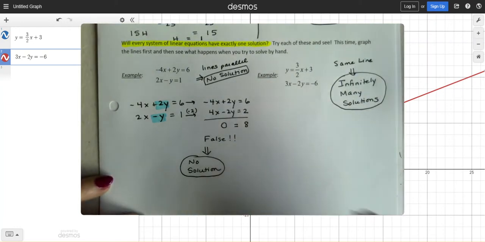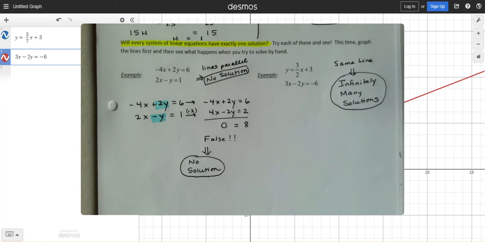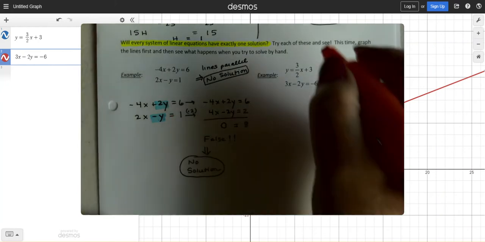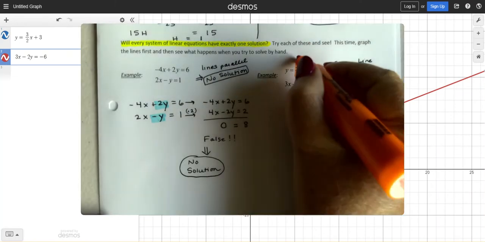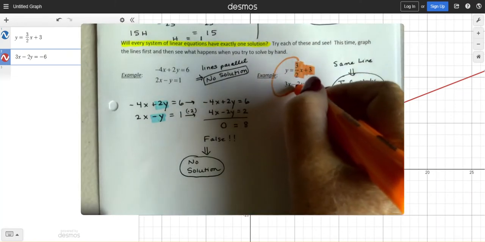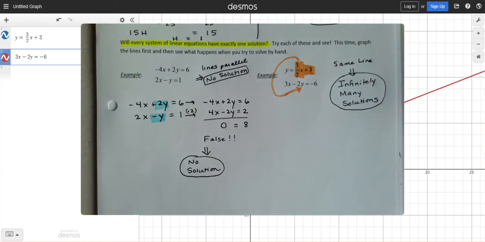If I were to show this algebraically, what I could do is I could take my first equation, which is already solved for y, and I can take that 3/2 x plus 3 and substitute it for the y in the second equation.